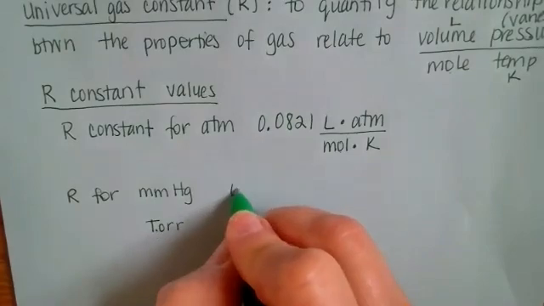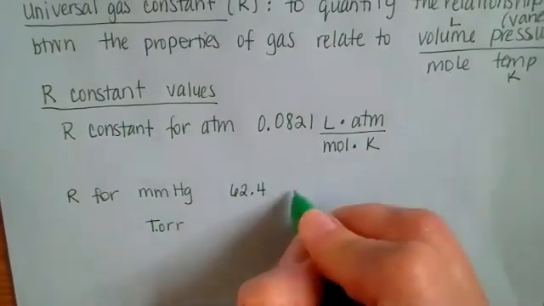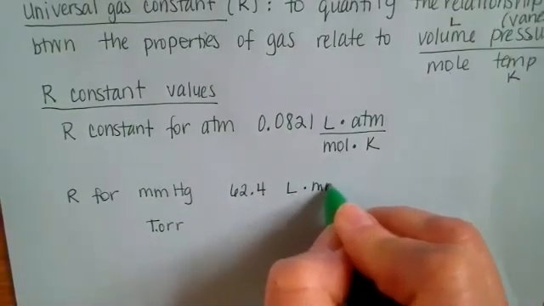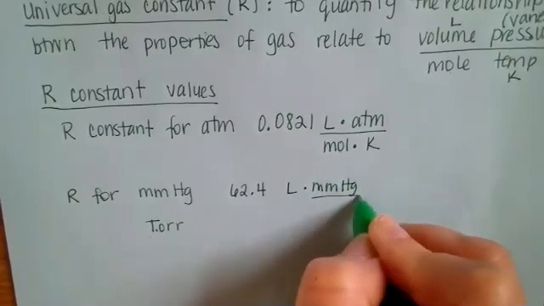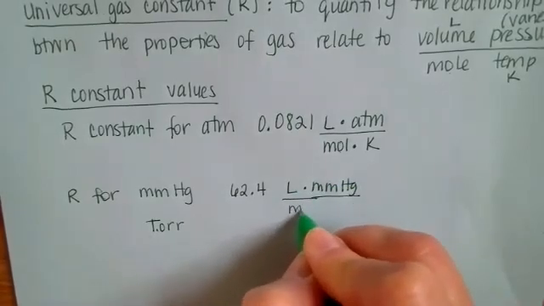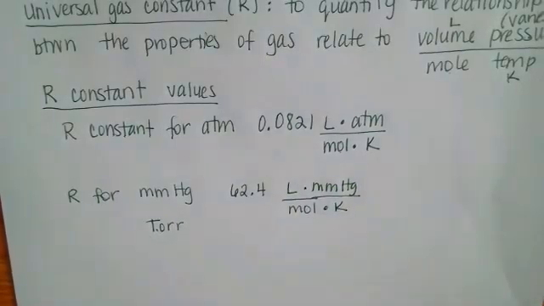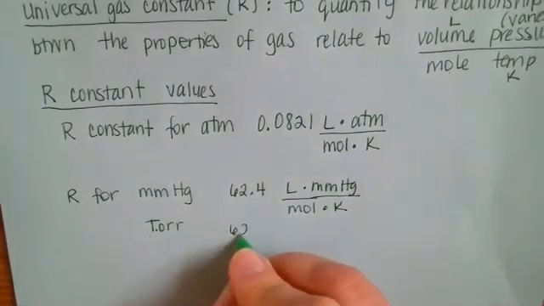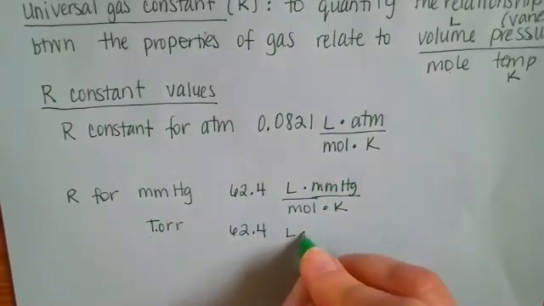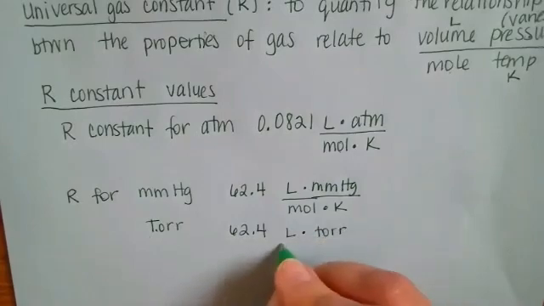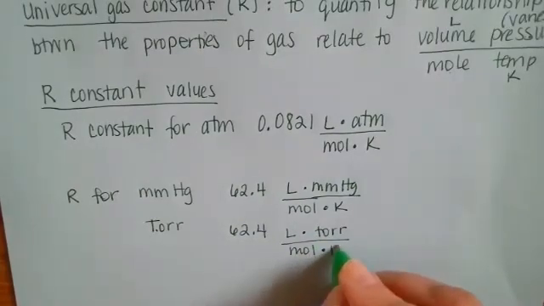Both of these are 62.4. So this would be liters times millimeters of mercury all over moles times Kelvin. If it was torr, it's the same value. However, the unit would be torr over moles times Kelvin.